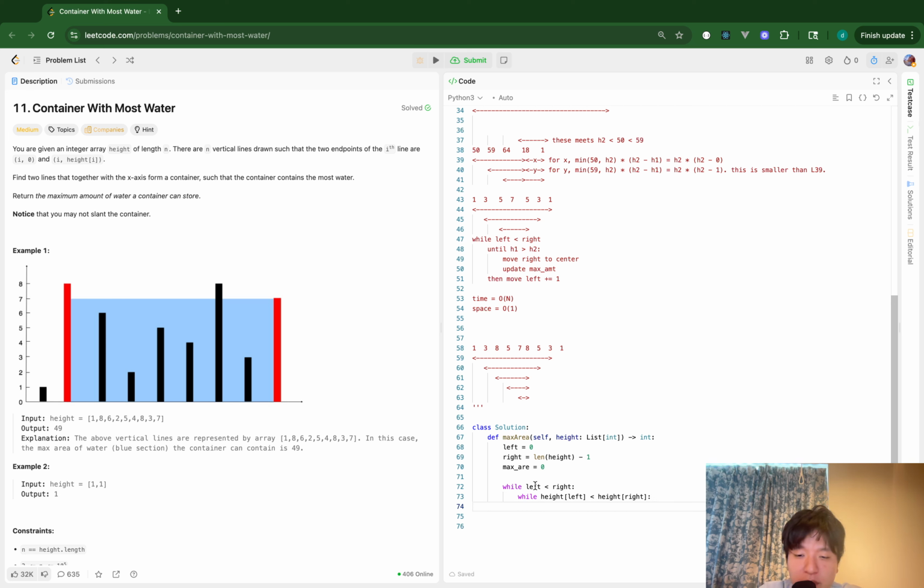While height left is, this is the area, so I update the max area.